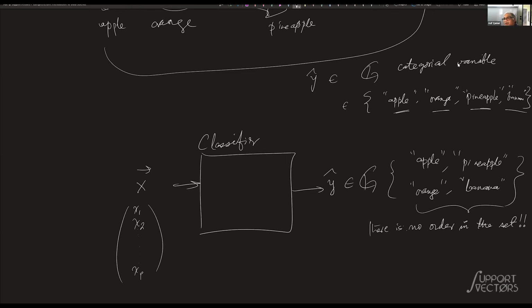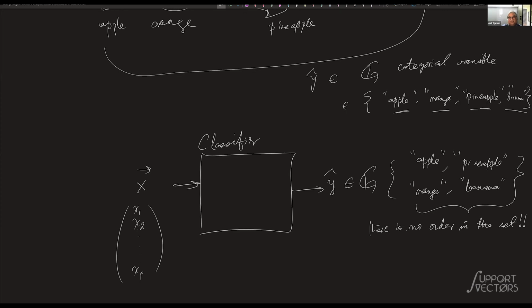Though an order may exist and you may choose to ignore it, and there are things like ordinal predictions, etc. We won't go into it. As we are starting out with a simple situation, just assume that each element of the set is distinct and is unrelated to other elements of the set. It's a simplifying assumption. Not always true.